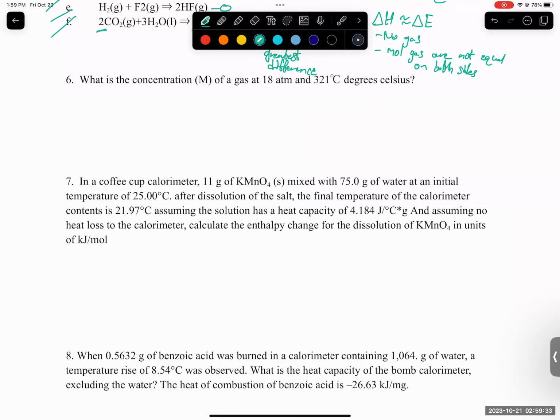Number 6 is an interesting question, right? If y'all were here on Wednesday, I think only 2 of y'all were here, you might know how to solve this problem. Or maybe if you just thought outside the box.